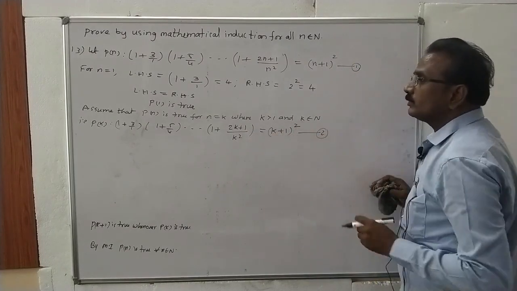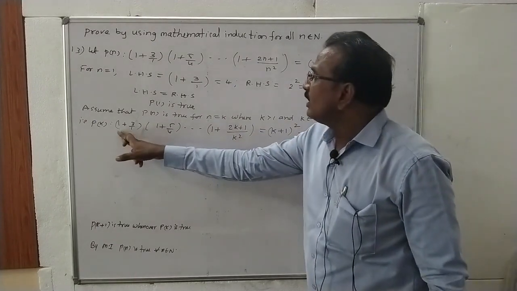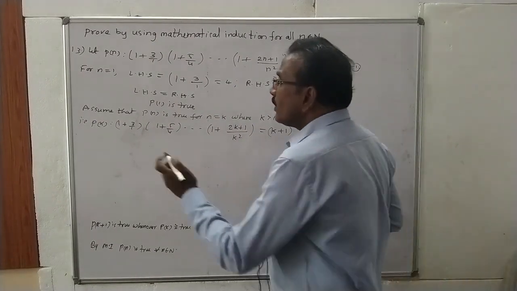That is equation 2. Here, because LHS is a product of n terms, that's why we multiply.